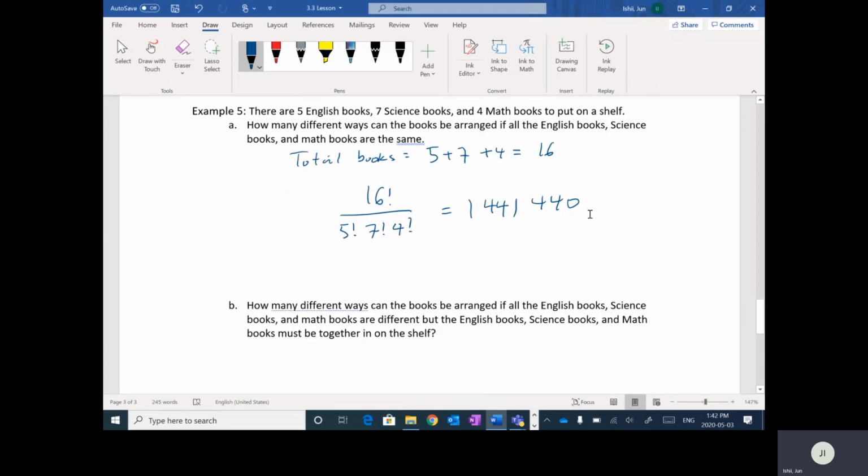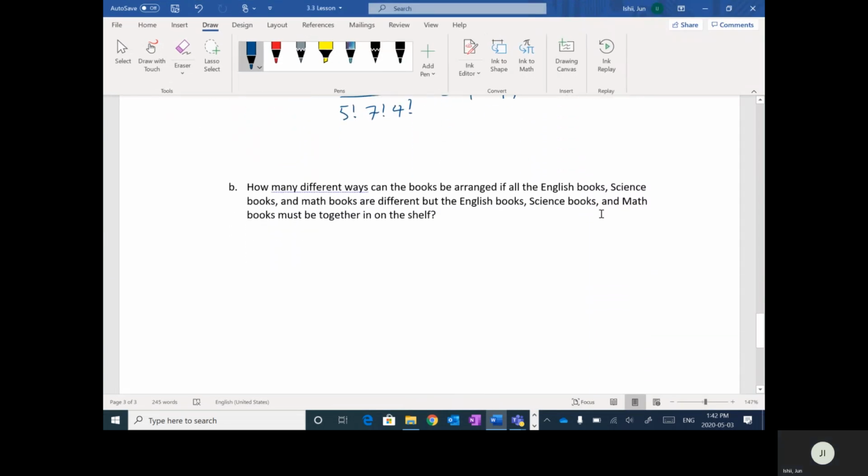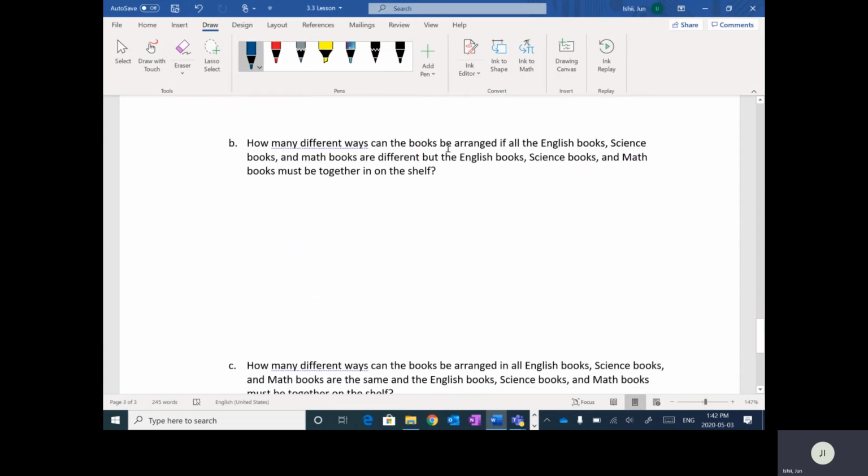Next up, how many different ways can the books be arranged if all the English books, science books, and math books are different? So they're all different books, but the English books, science books, and math books must be together on the shelf. What it's saying is you'll have all the English books here, then all the science books here, and all the math books here.